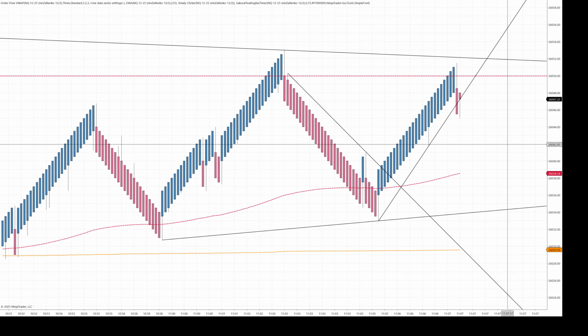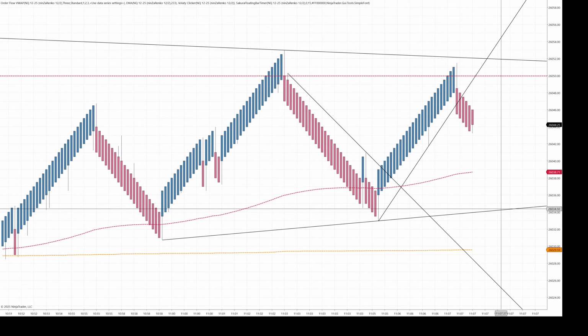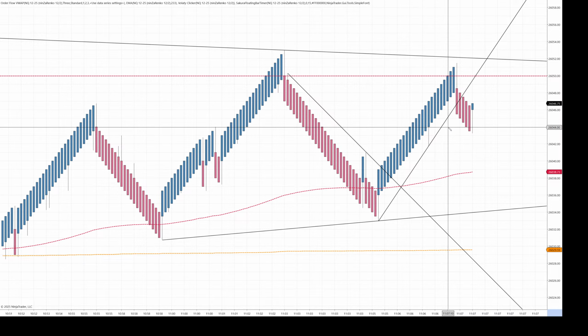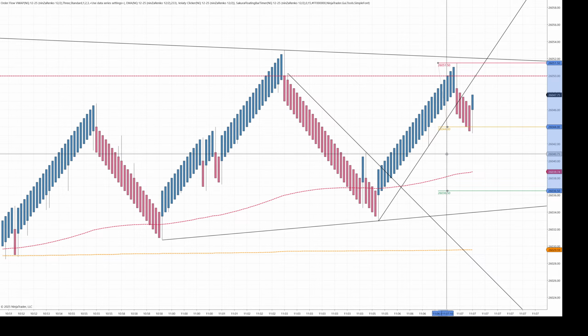Do we have room to take this lower? 38? No. You can see we don't have room. The target is underneath.